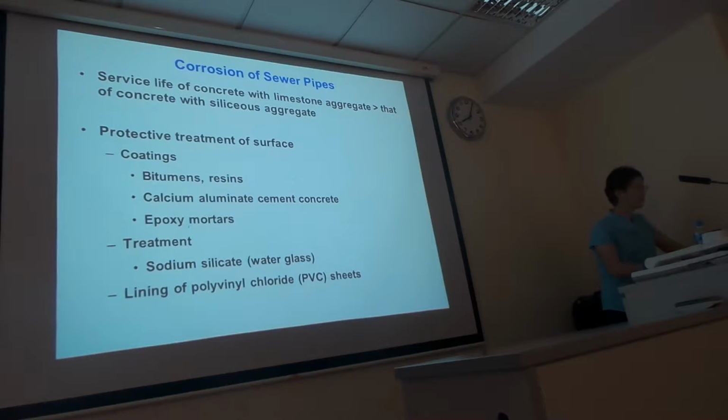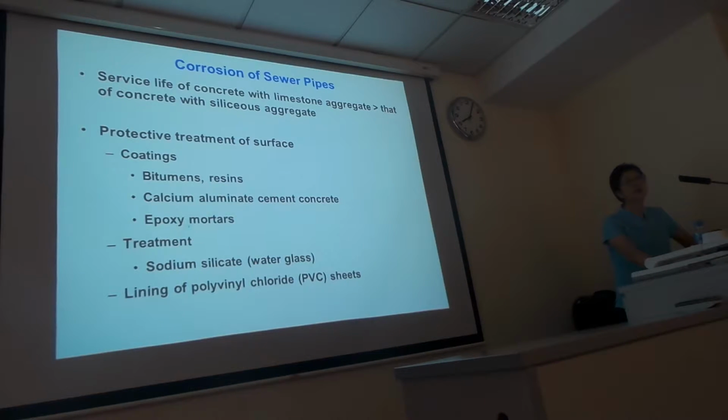So with the protection of this water glass on the surface, it can extend the service life of sewage pipe made of concrete. So these are talking about the small sewage pipe, which can be easily replaced if it's deteriorated.